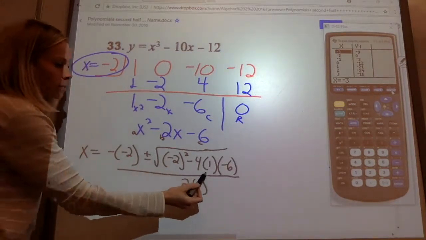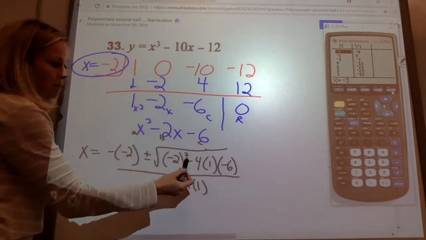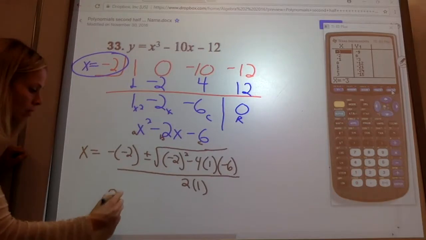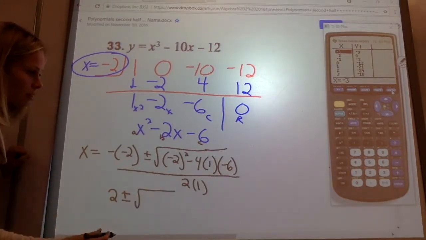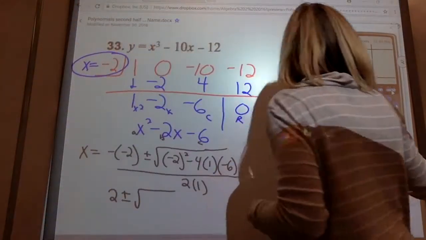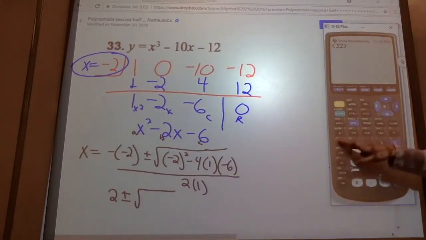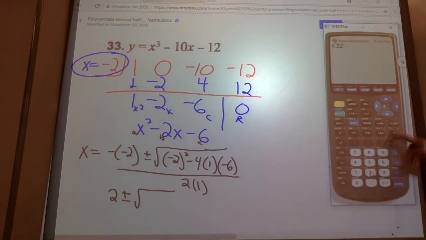And remember I showed you how to put this discriminant in your graphing calculator? You go ahead and just put that in to get the answer. So 2 plus or minus square root of what? So you go parenthesis, negative 2 squared. Whoops. I showed you guys how to do this, right? No?